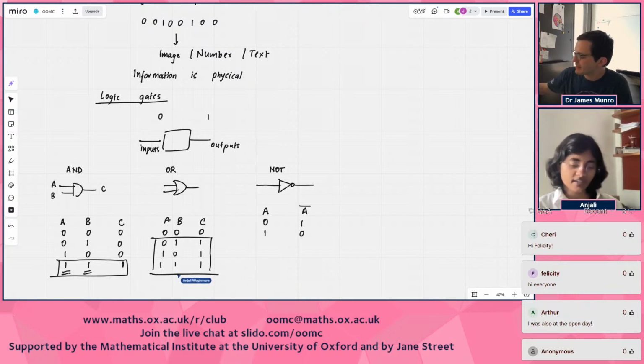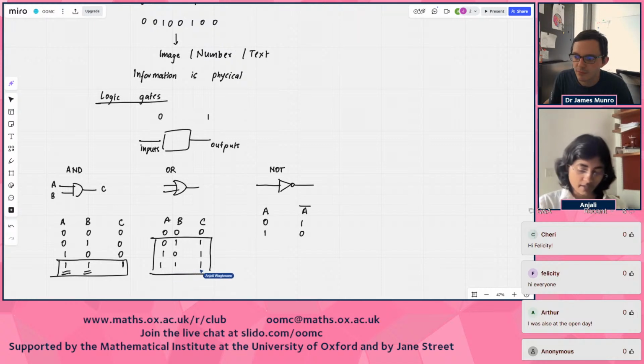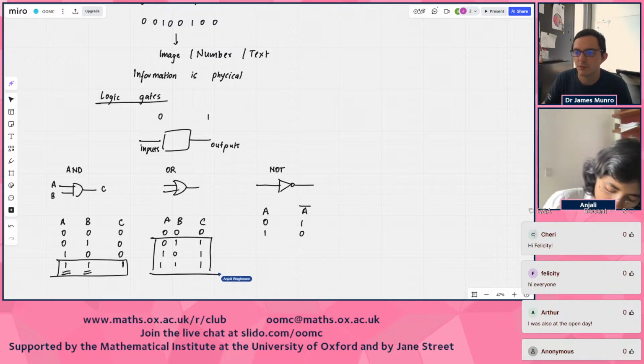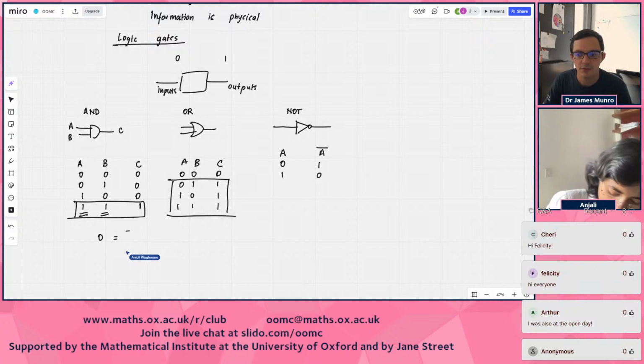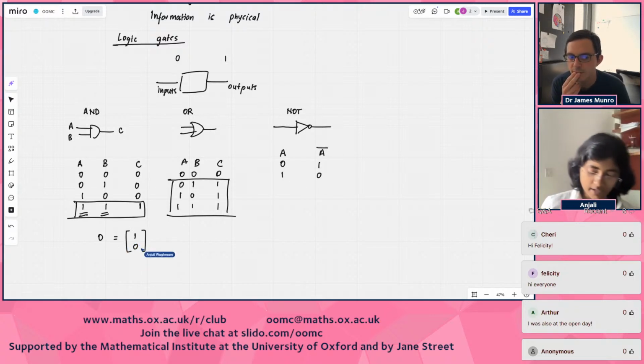Now these are classical bits and classical gates. These gates can be represented as matrices, and the bits can be represented as something called column vectors. Let's say I can represent the 0 bit as (1, 0). It's a vector essentially.